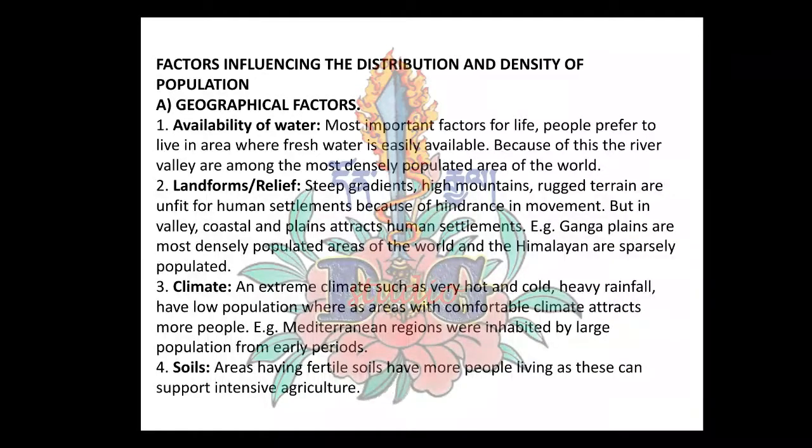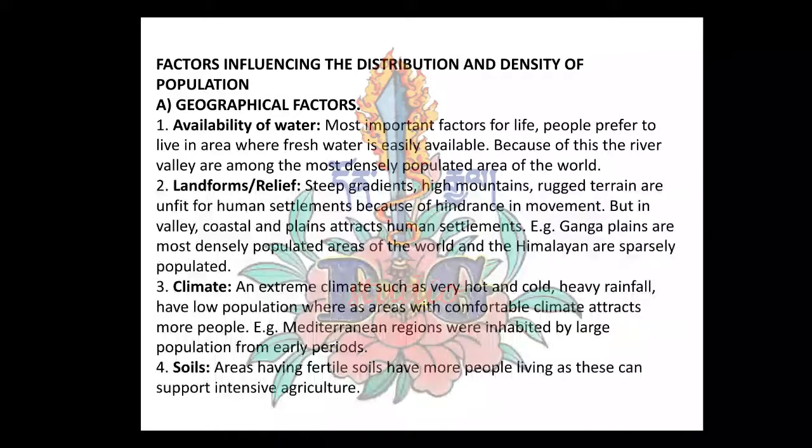Generally steep gradients, that means steep areas, high mountains, rugged terrains, that means rocky mountains, are unfit for human settlement, because these steep gradients, high mountains and rugged terrains are a hindrance to movement and development purposes.